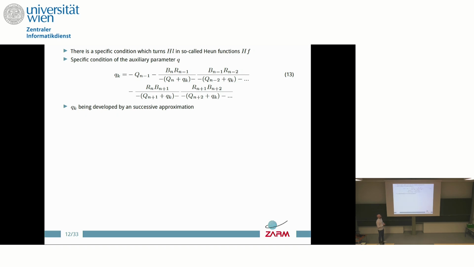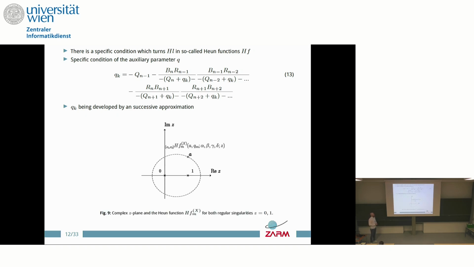So these two parts of the expression are infinite continued fractions. This Q now has an index K, which indicates that there is an infinite countable set of solutions by which we can transform the local Heun functions into Heun functions. And then this Q_K, because it's also appearing in every part of the continued fractions, we have to solve by a successive approximation.